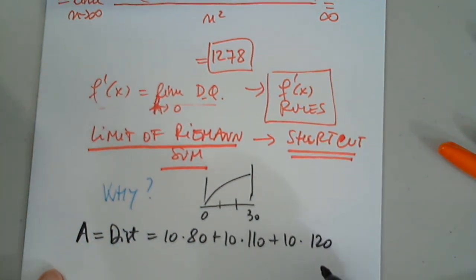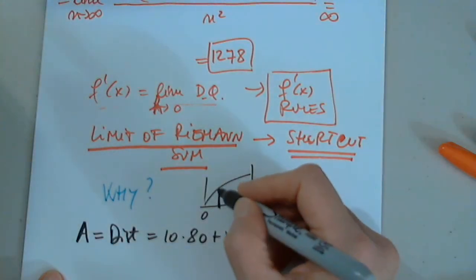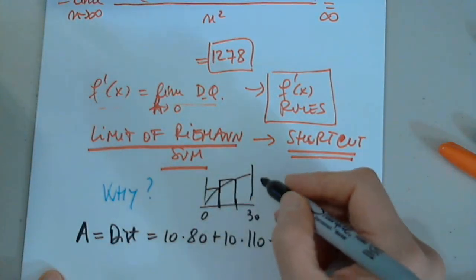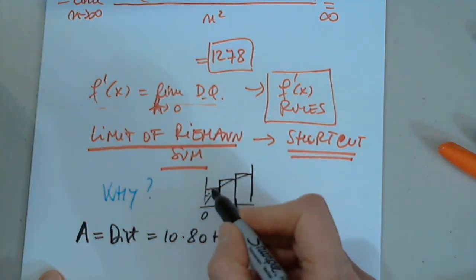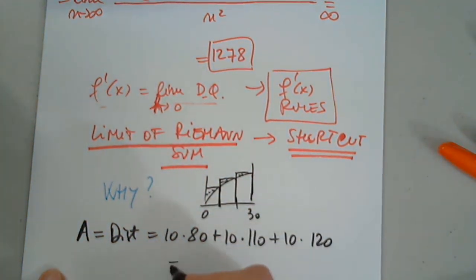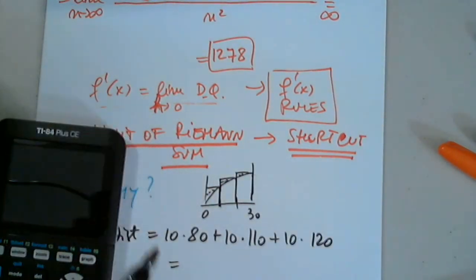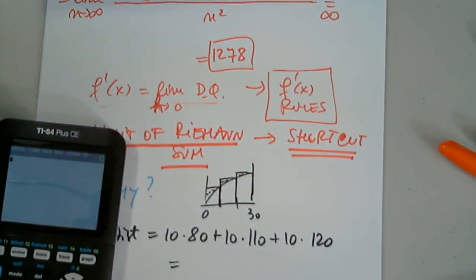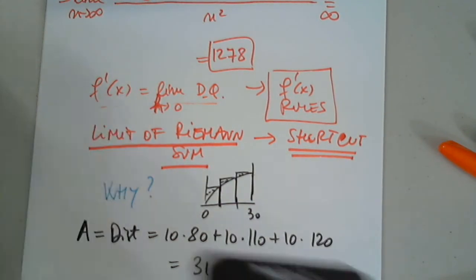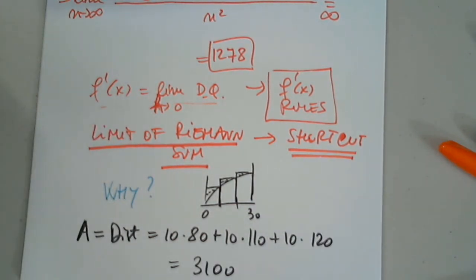Is this an accurate estimate? No, it's not. First of all, it will give me an overestimate for sure because of these pieces. But this is a rough estimate, and I will tell you, not more than 800 plus 1100 plus 1200, so 3100, and the measurement unit was kilometers.